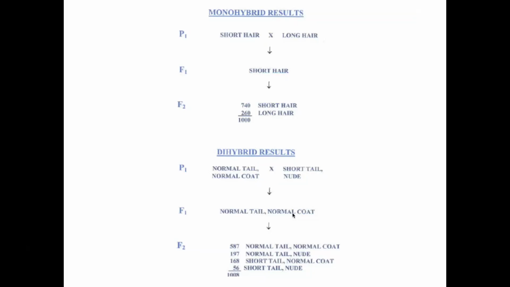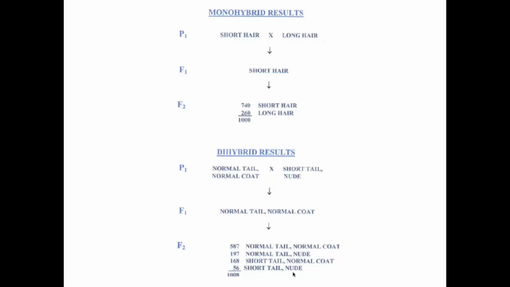Okay, so how do you then gather additional information to see if you can better support that model? Well, you generate a segregating F2 population. You intercross the F1s. And this is what they saw. They saw 4 phenotypic types: normal, normal; normal, absence of fur; short tail, normal; and short tail, absence of fur.